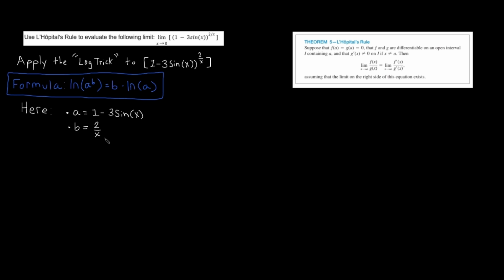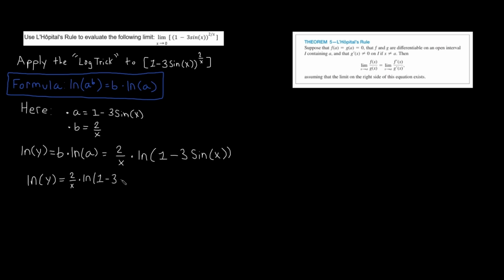Now we're going to apply the log trick. Next, we're going to take the natural log on both sides. Let's look at this portion right here. Notice that 2 over x is the same thing as 2 times 1 over x.